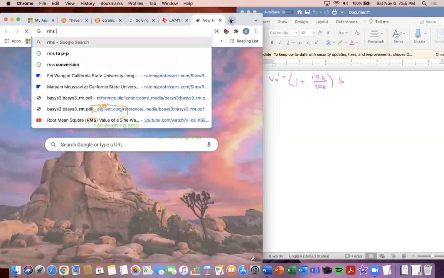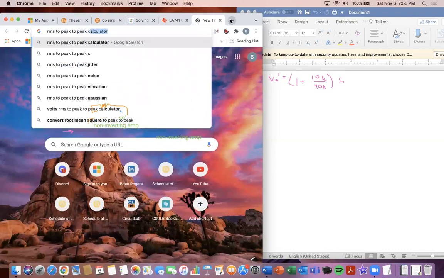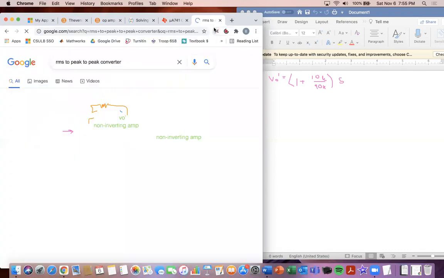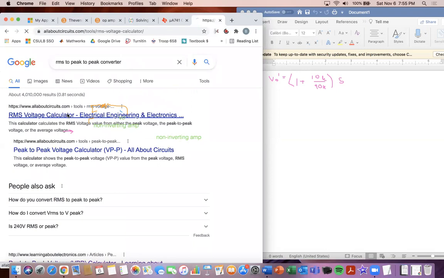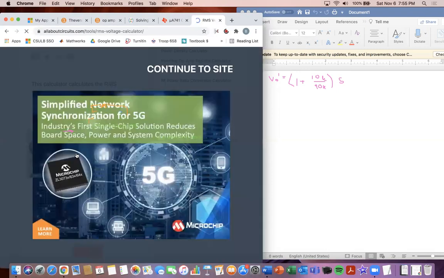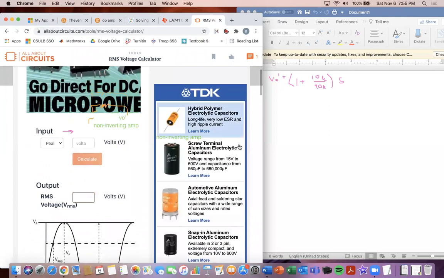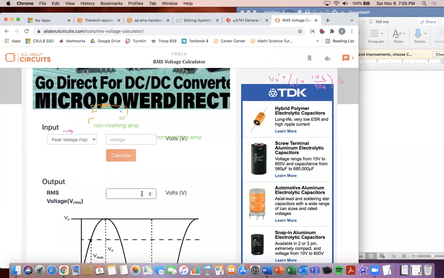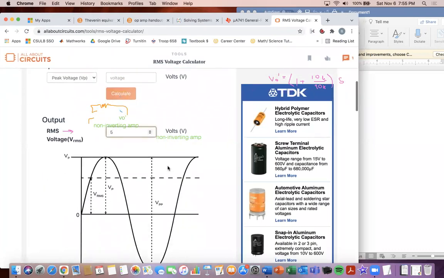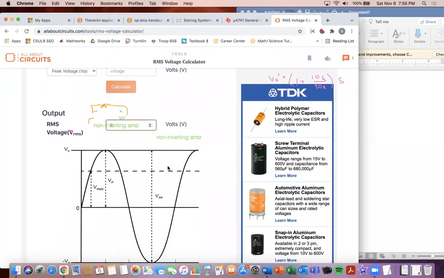The root mean squared to peak converter is going to be 2 rad 2, so 5 divided by 2 rad 2.